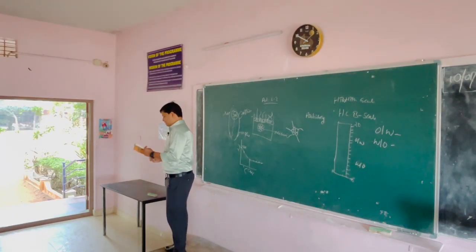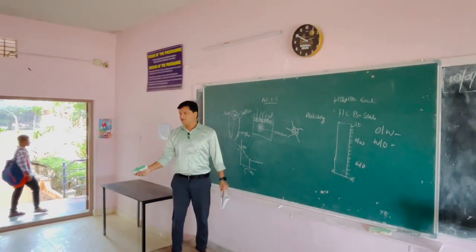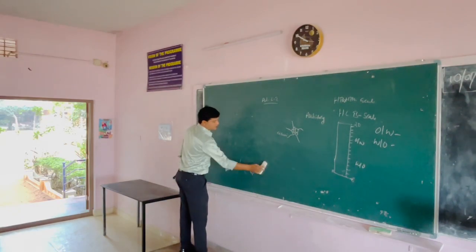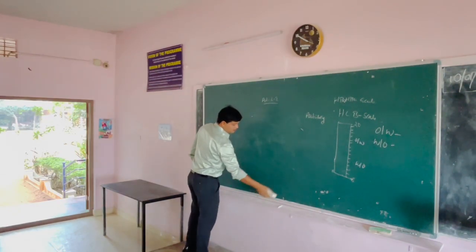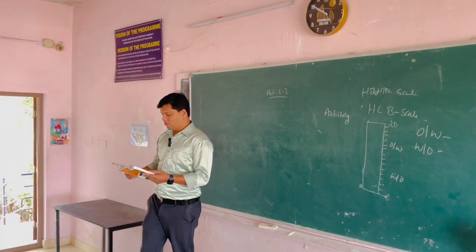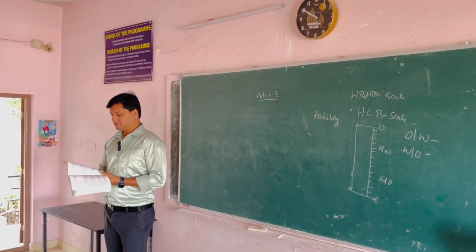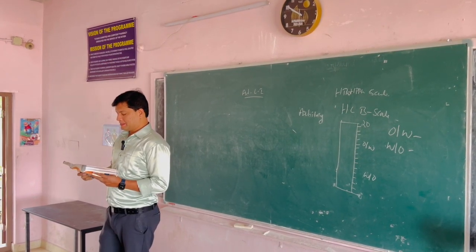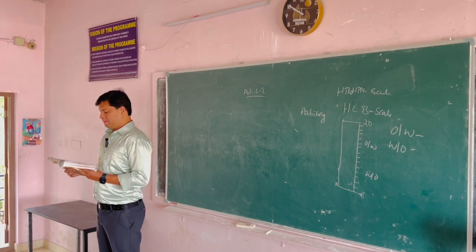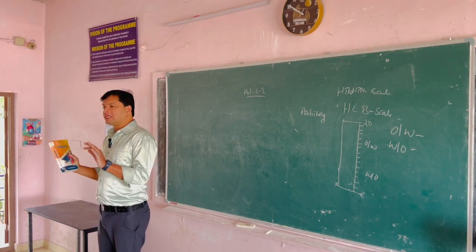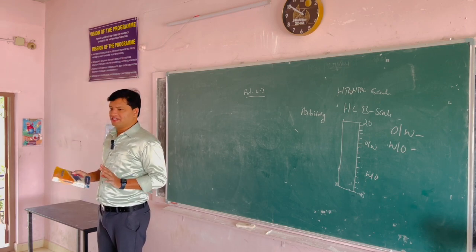Methods to determine HLB. First method, there are 3 methods. Okay. Method 1. What could be method 1? See, depending on the chemical nature and groups only we divide this.